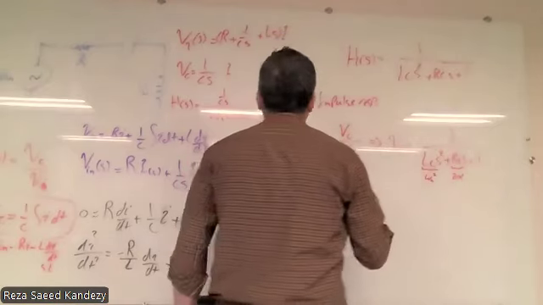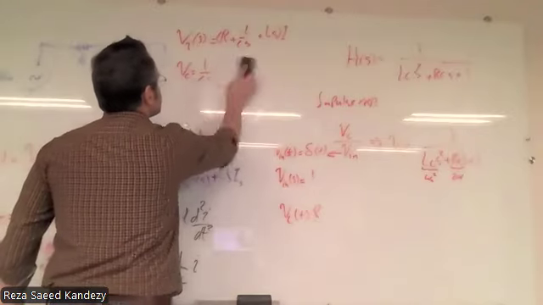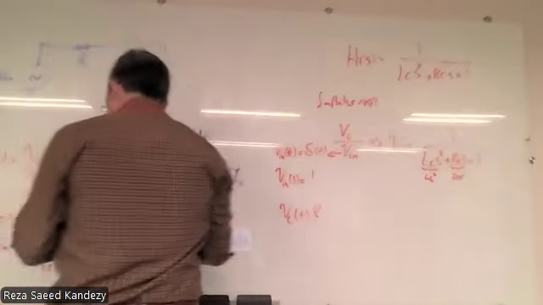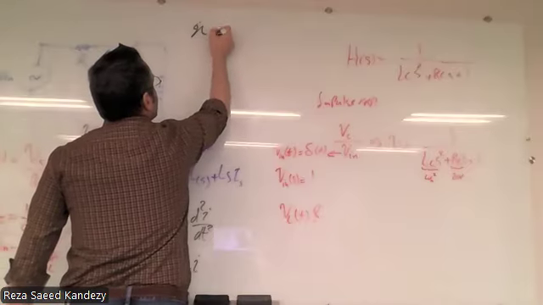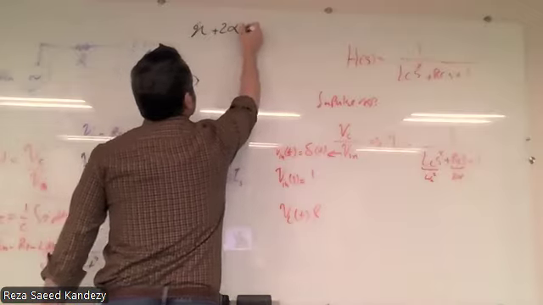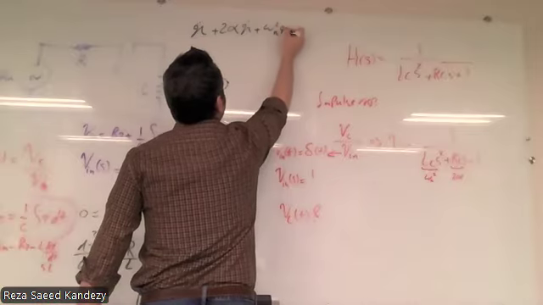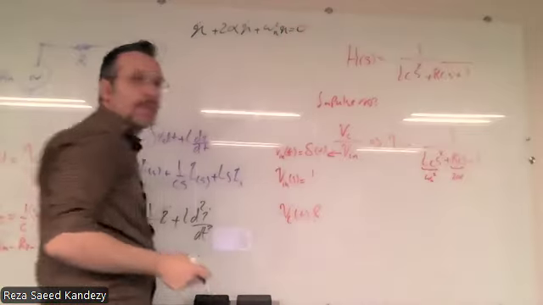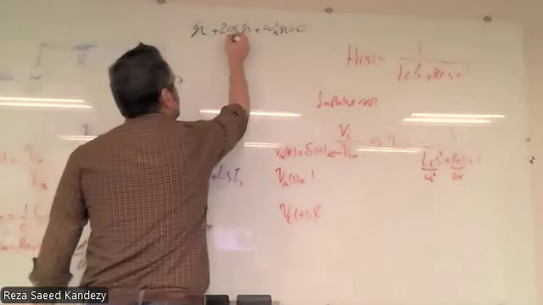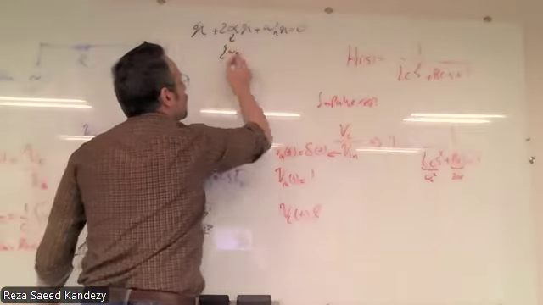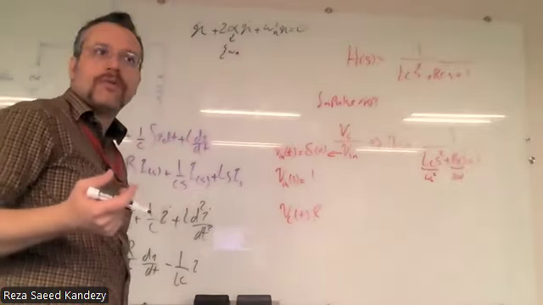If you remember the standard differential equation, it is x double dot plus 2 alpha x dot plus omega n square x equal to 0. This is the standard differential equation, where alpha you might see as cosine omega. That's another notation to show the formula of the alpha.